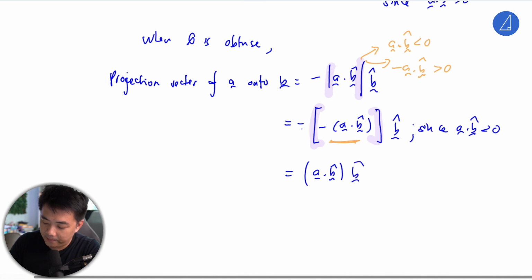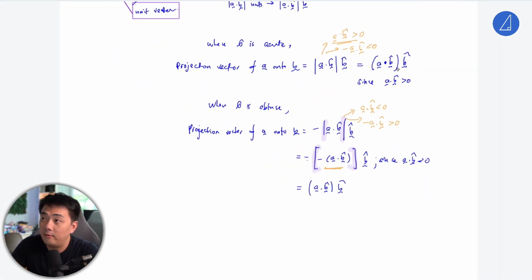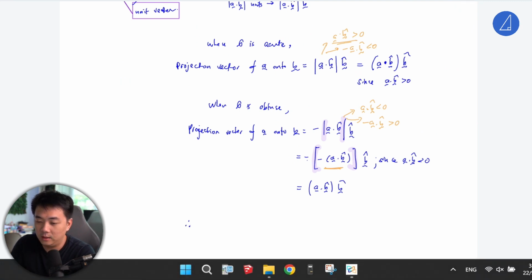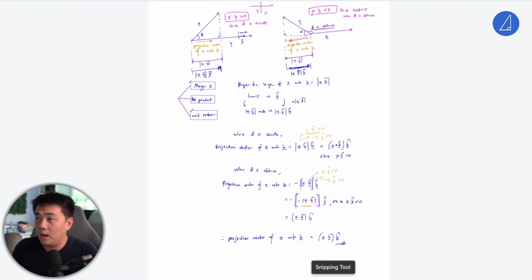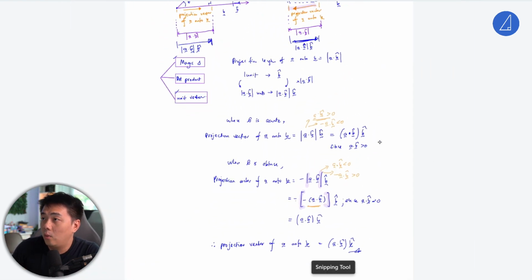This is actually the same vector equation. Do you see that? So hence, for all theta, acute or obtuse, you will get this as your projection vector. Okay, so that's it. You just combine 1 and 2 for acute and obtuse. You realize that both yield the same result here.